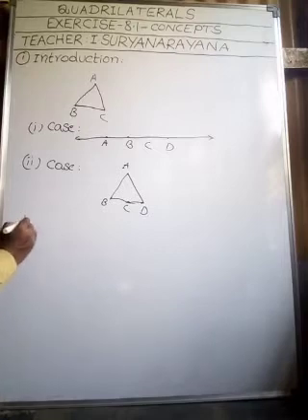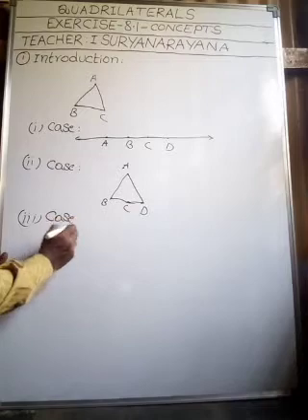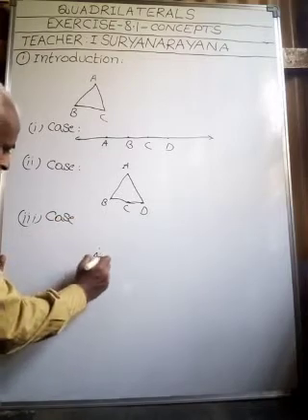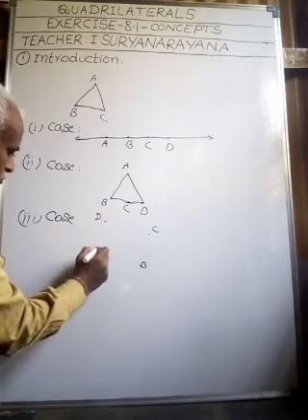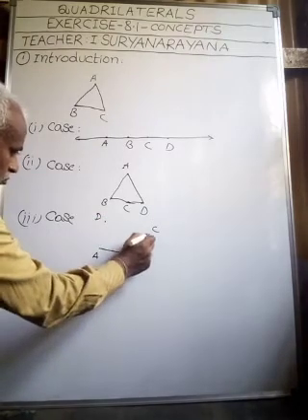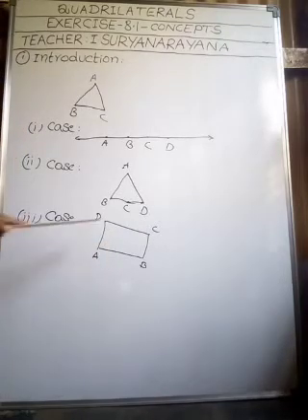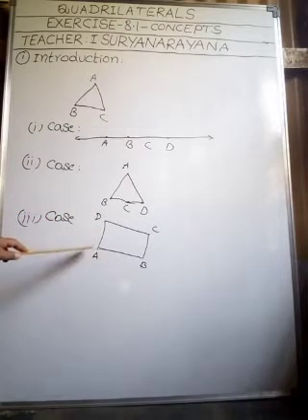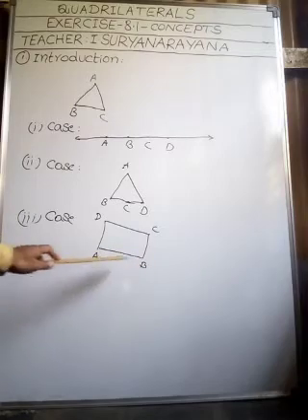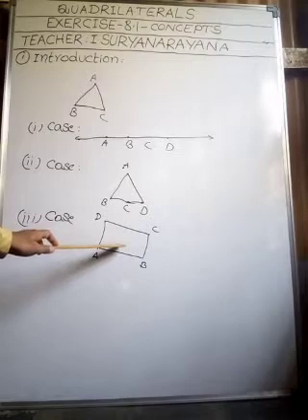Now, case 3. No three points are collinear. Out of these four points, no three points are collinear. In this case, if we join these four points in pairs like this, then we get a simple closed figure.